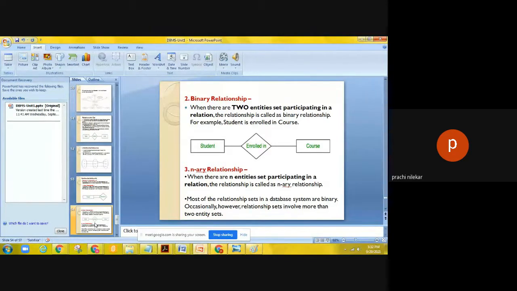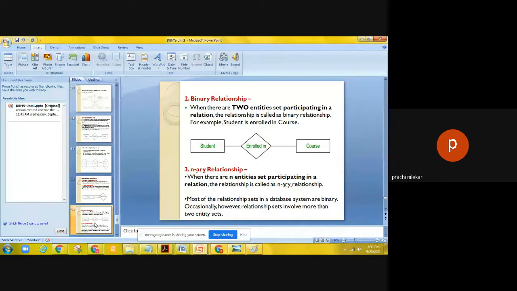If there are two entities participating in a relation, the relationship is called a binary relationship. For example, a student is enrolled in a course. Here, the student and course are the two entities, and the association between the student and course is enroll in. So it is a binary relationship.